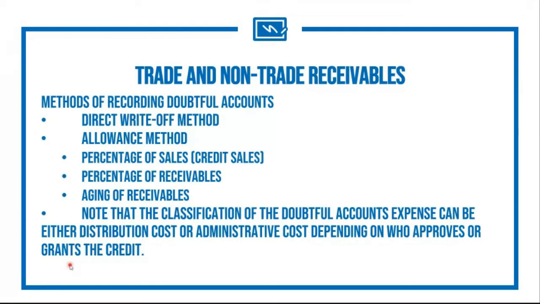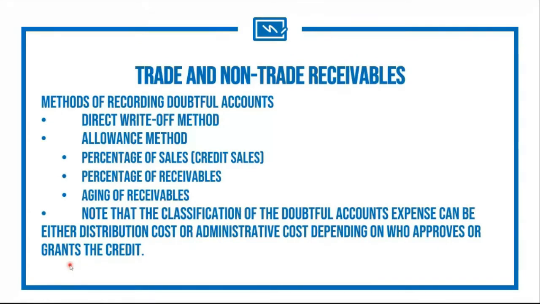Okay? So, ang general rule kasi yan or ang general classification ng bad debts or doubtful accounts is of course administrative. Kasi malamang ang nag-grant dapat ng credit or yung nag-authorize ng credit is a department that is independent from the sales department. Okay? Pwedeng ang nag-approve niyan is si accounting or kung sino man yung may hawak ng ledger ng mga customers para malaman kung pwede pang pautangin or hindi na.